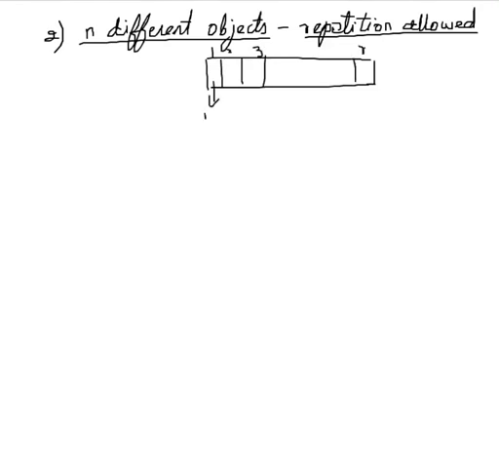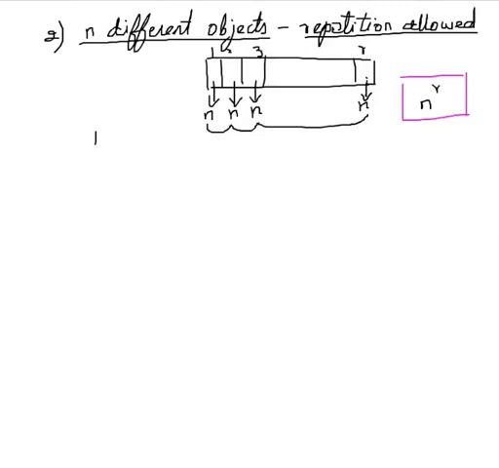For the first position, we have n choices. For the second, n choices because repetition is allowed. For the third position, n choices, and so on. For the rth position also, we have n choices. Therefore, the total number of ways will be n into n, r times. So the answer becomes n raised to r. If n different objects are given, to fill up r positions when repetition is allowed, the formula is n raised to r.